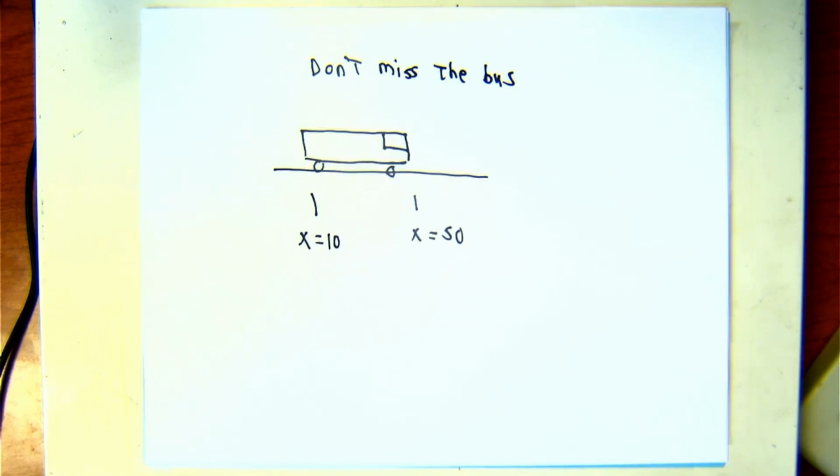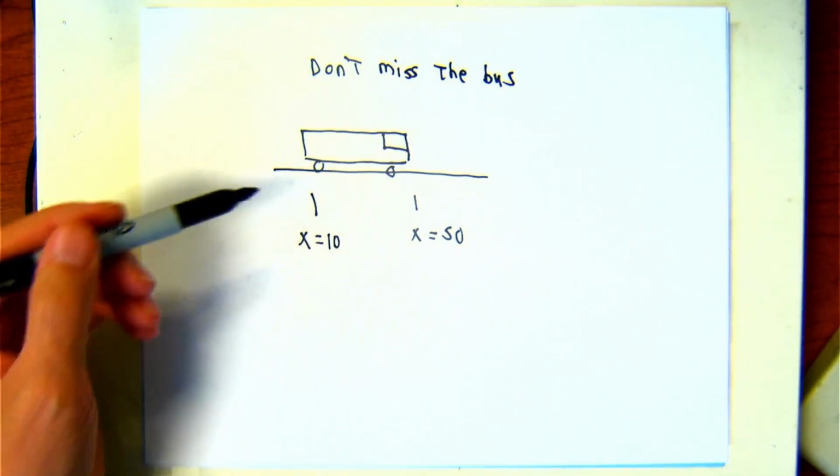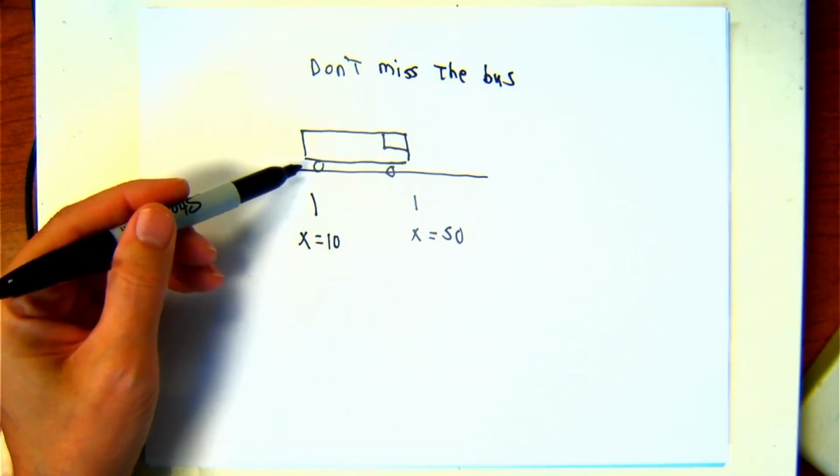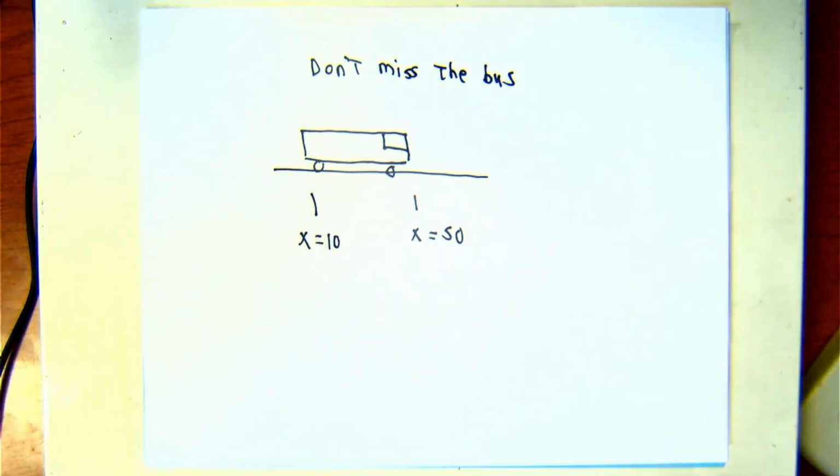This is going to be called the "don't miss the bus" effect, and at first glance it seems ridiculous, but it's going to come back to bite us later on. Imagine you've got a bus. It's sitting on some conveniently placed number line. The left end of the bus is located at x equals 10. This is measured by some person or the other.